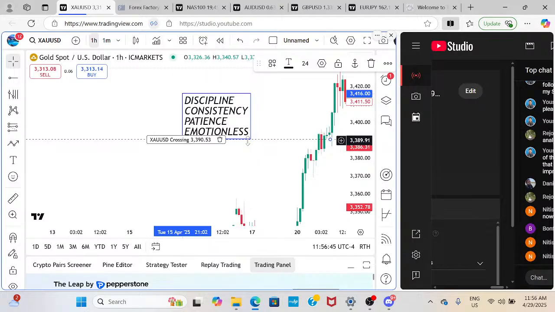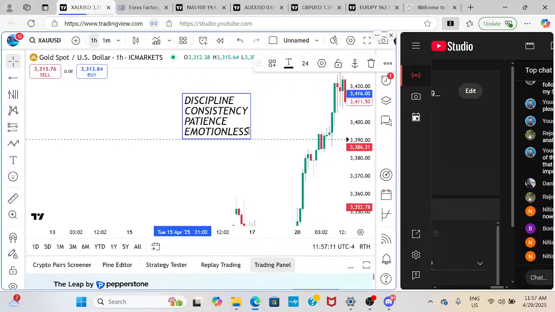If the price hits your TP, don't be super excited, like, oh my goodness. Not good. When you're too excited, you tend to become overconfident. And when you become too overconfident, you're going to start making mistakes. The price hits your TP, cool. When the price hits your stop loss, cool.